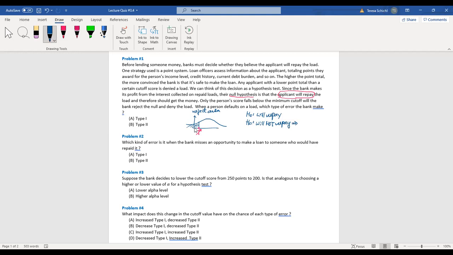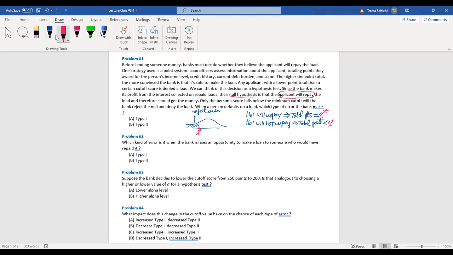If the total points are less than this cutoff point, x star, then the banker will decide they will not repay. Otherwise, we always treat the boundary as equal, so if the total points are greater than or equal to the cutoff point, x star, then we know they will repay.